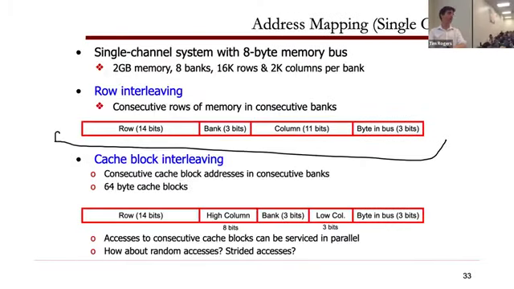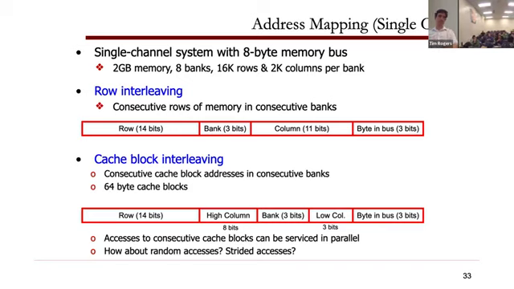Other questions? Wait, so then with cache block interleaving, is it like the first half of the block is stored in... So in each of these examples, since the bank bits are so high up in the address space, each cache block is contiguously stored in a row.